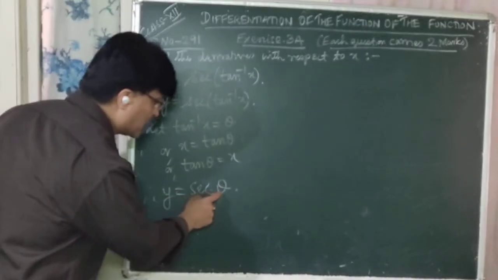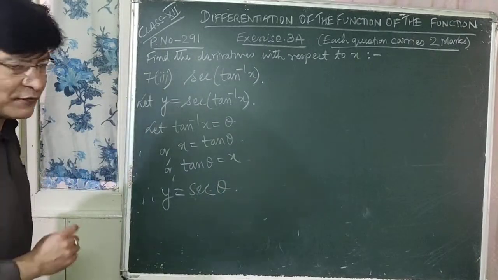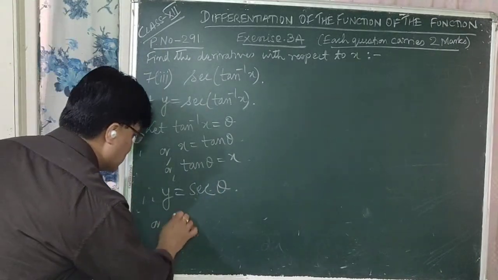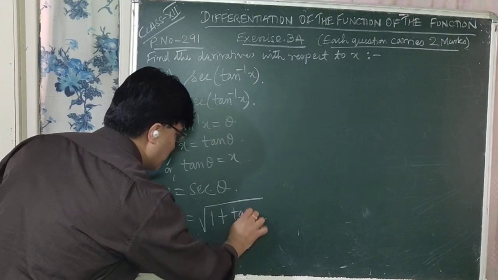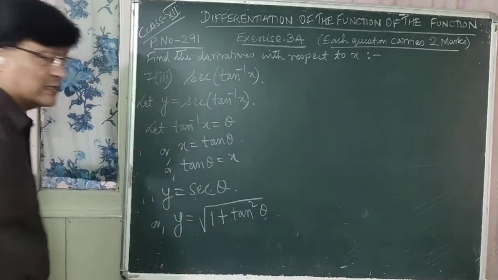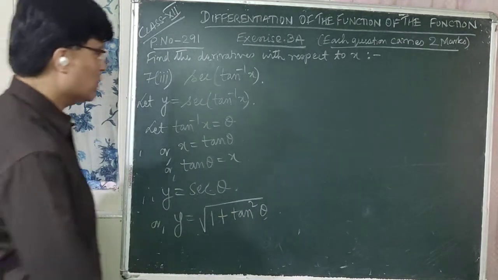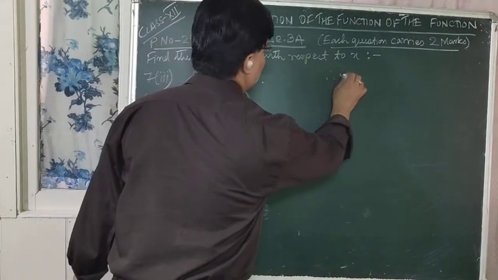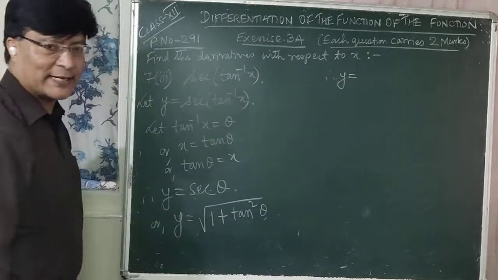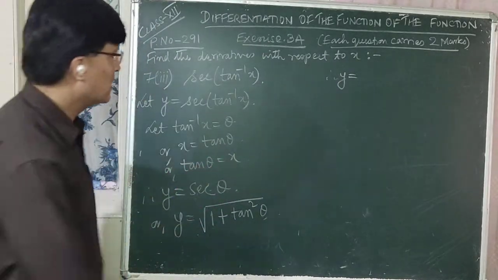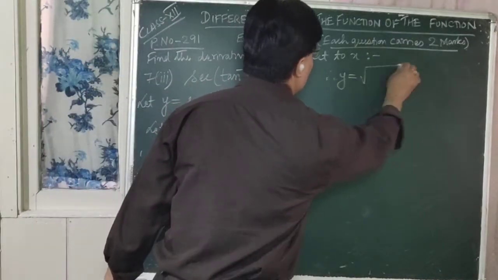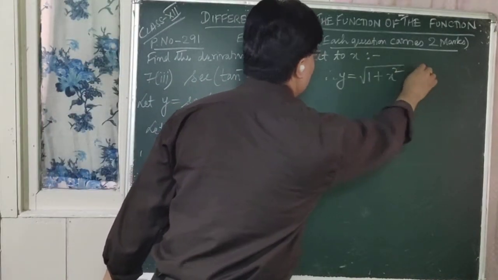So convert this sec theta into tan theta. You know the formula. What is sec theta in terms of tan theta? Root over 1 plus tan squared theta. So therefore y is equal to, now you can put the value for tan theta. What is the value for tan theta here? It is x. So y is equal to root over 1 plus x squared.